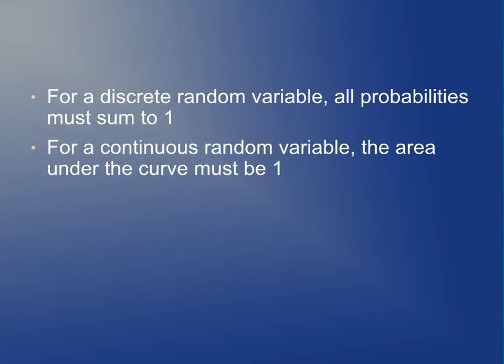And for a discrete random variable, all probabilities have to sum to 1, and for a continuous random variable, the area under the curve has to be 1, because, as I said, with probability in general, the sum of probabilities always has to be 1.